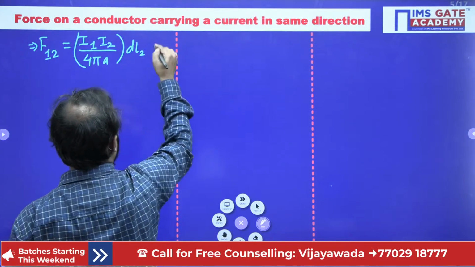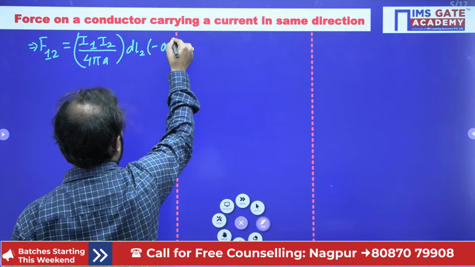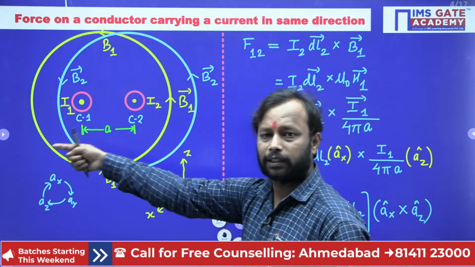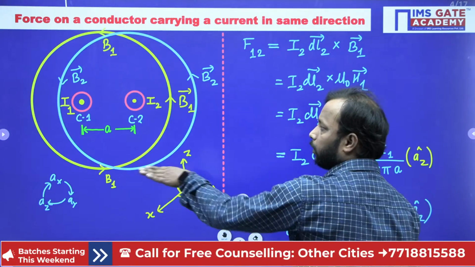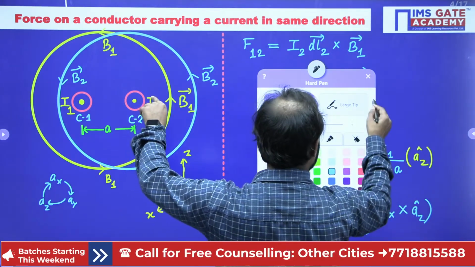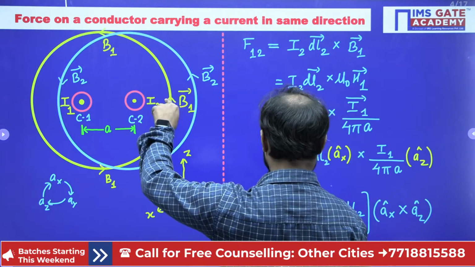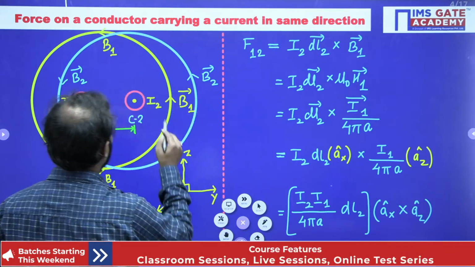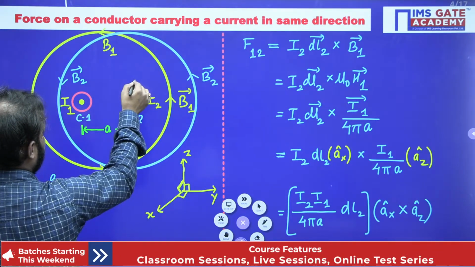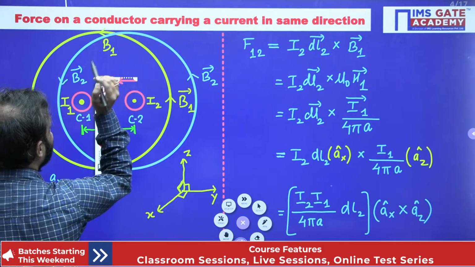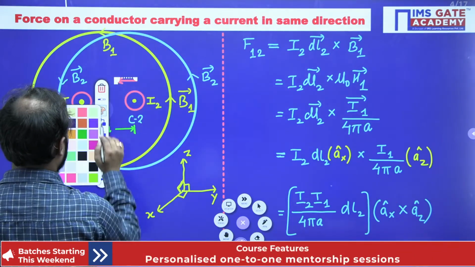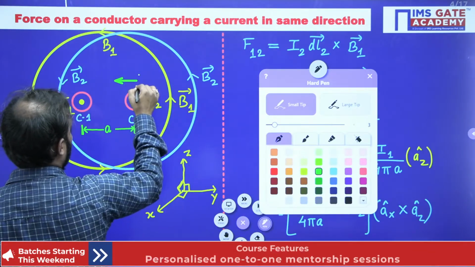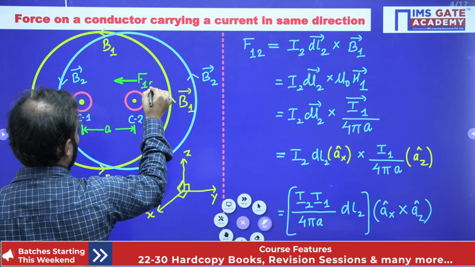So minus AY will be in this direction. If AY is here, minus AY will be here. So force on this conductor is in this direction. This is F12.